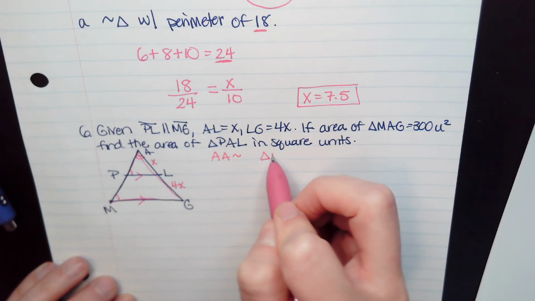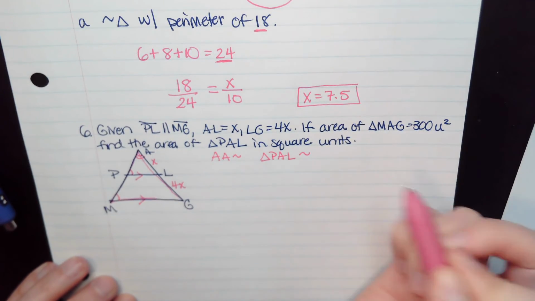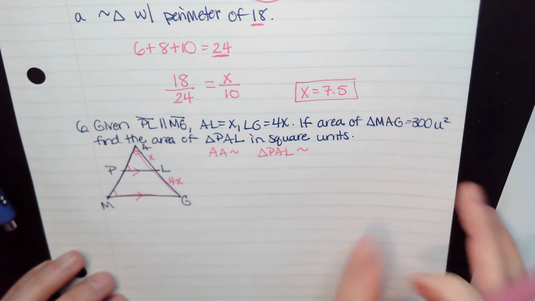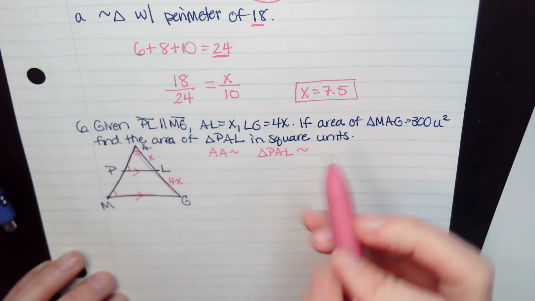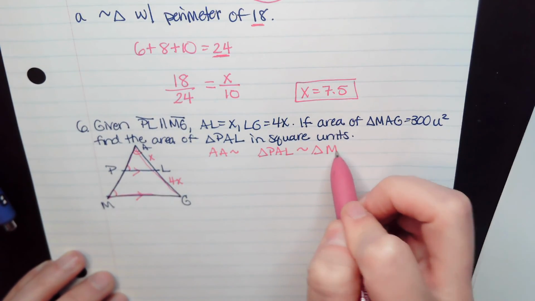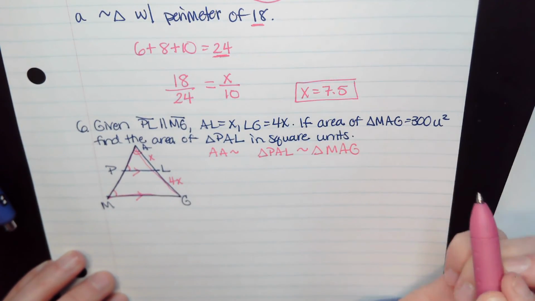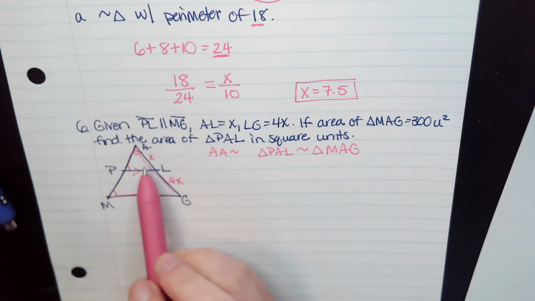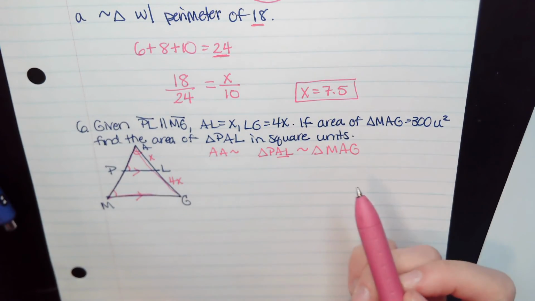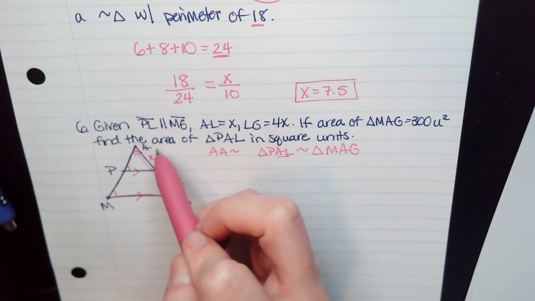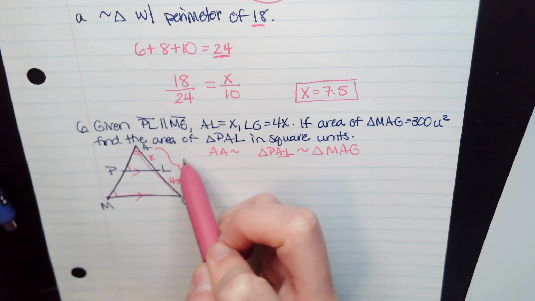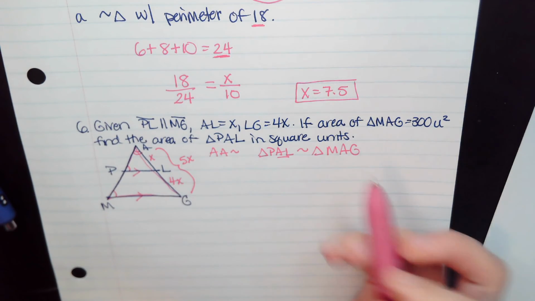And that's going to be triangle PAL. And sometimes it just helps to have this written when you're matching up your sides. So PAL would be similar to triangle MAG. So here I have AL, that would need to correspond to this whole side. So that's X plus 4X, so that's 5X.